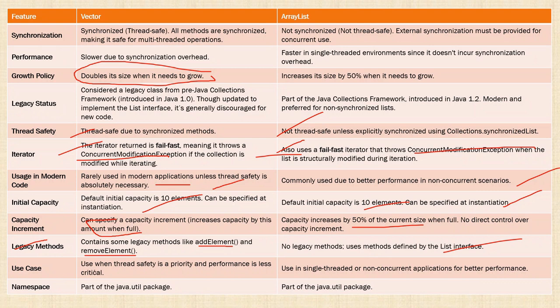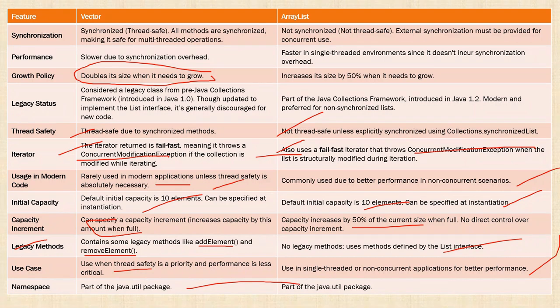Use cases: use Vector when thread safety is a priority and performance is less critical, so we can use it in a threaded environment. Use ArrayList in a single-threaded or non-concurrent application for better performance, when you don't want to perform any concurrent operation. Namespace: both are part of the java.util package, so this is similar.